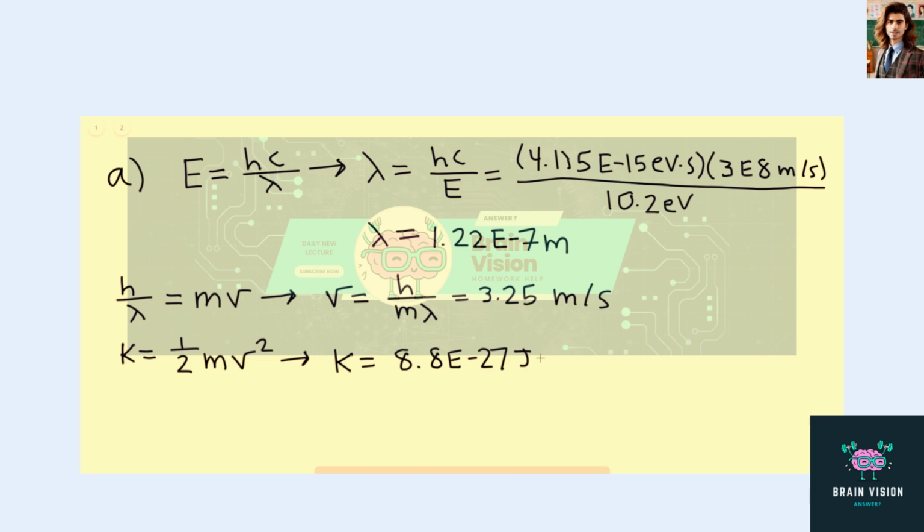And we can convert this into electron volts by dividing by 1.6 times 10 to the negative 19 joules per electron volt. We get 5.53 times 10 to the negative 8 electron volts. So this is an incredibly small number, which tells us that this kinetic energy of the recoil is going to be negligible. It's very, very small.